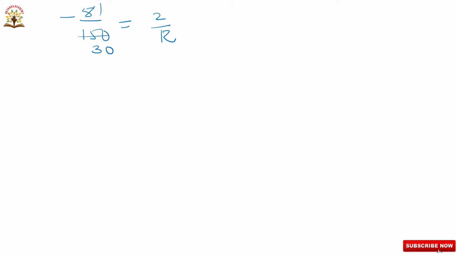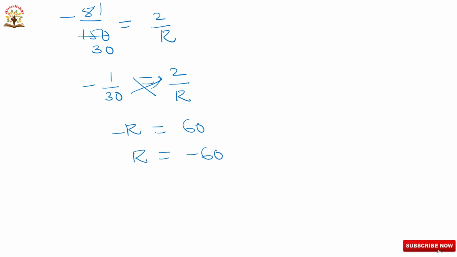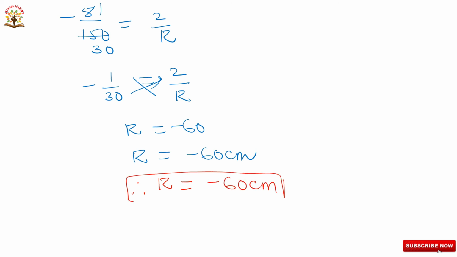So minus 1 by 30 is equal to 2 by R. Now taking cross multiplication, R is equal to minus 30 into 2, 60. So R is equal to minus 60 centimeters. So therefore the final answer, radius of curvature R is equal to minus 60 centimeters.